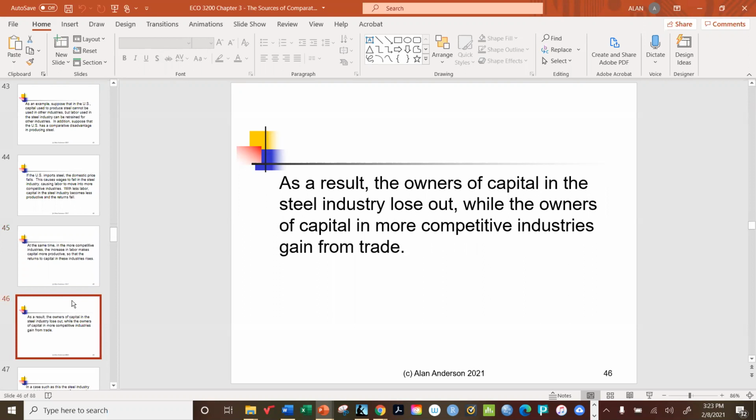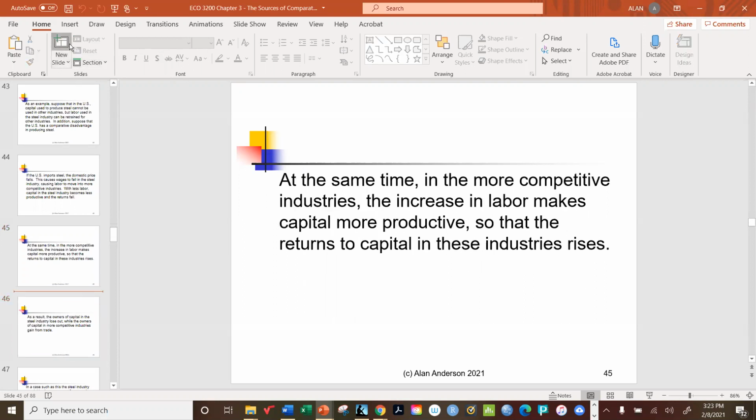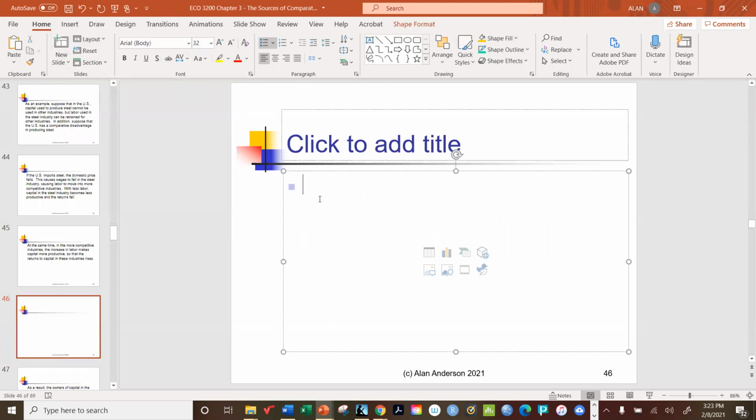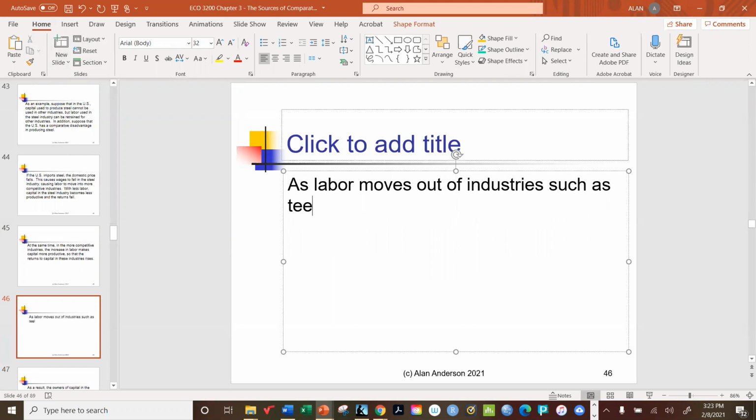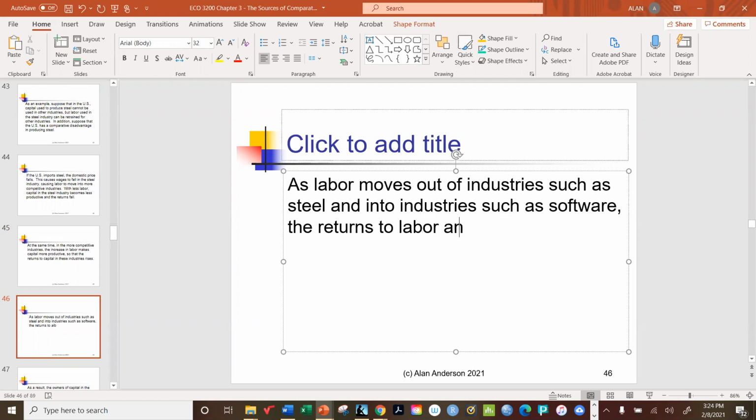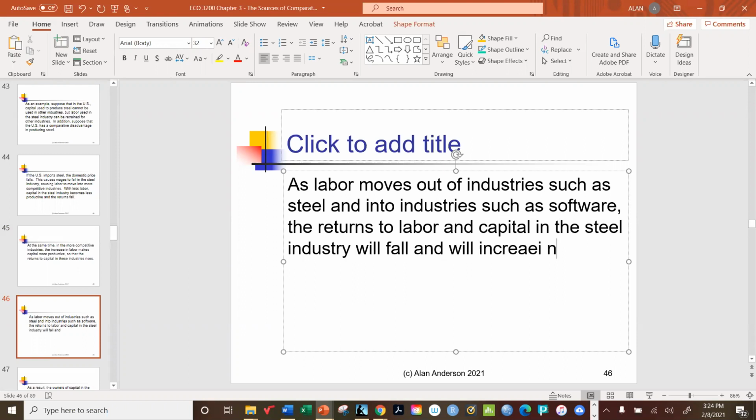So the bottom line here, let me summarize this a little bit. As labor moves out of industries such as steel and into industries such as software, the returns to labor and capital in the steel industry will fall and will increase in the software industry.